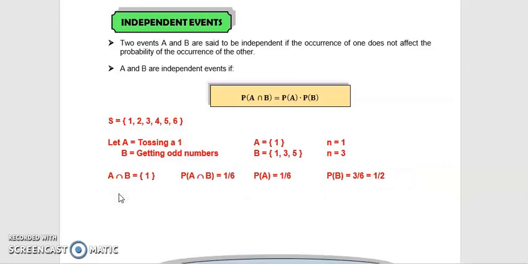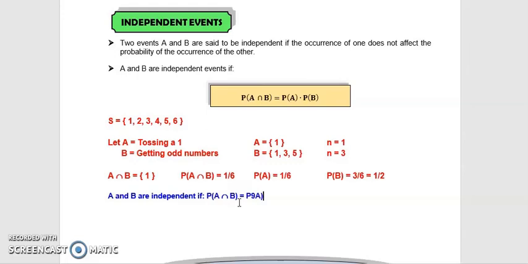So how to determine whether A and B are independent or not? A and B are independent if probability of A intersect B is equivalent to probability of A multiplied by probability of B. Now we know that probability of A intersect B is 1 over 6.